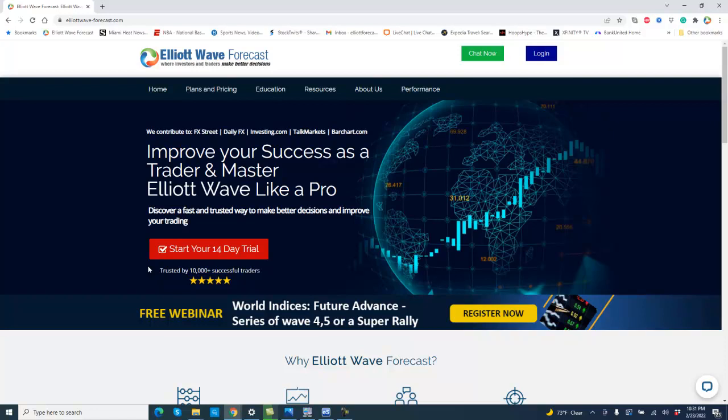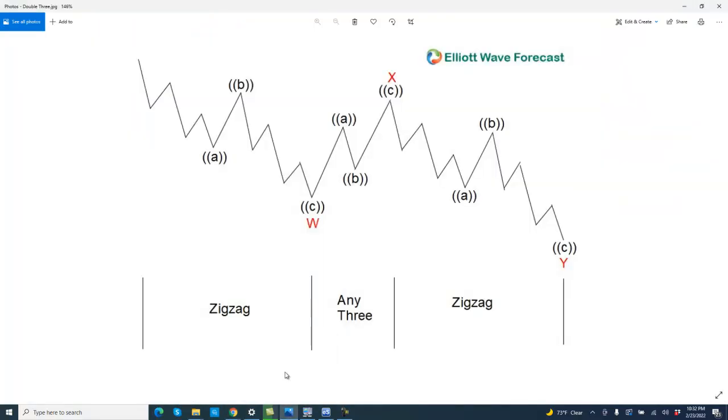Today we're gonna take a look at the S&P 500. A lot of movement lately around the market. Before we go there, I want to explain what in Elliott Wave is called a WXY. Technically, a 3 waves pullback is labeled as a W. It's an ABC, very popular in Elliott Wave.